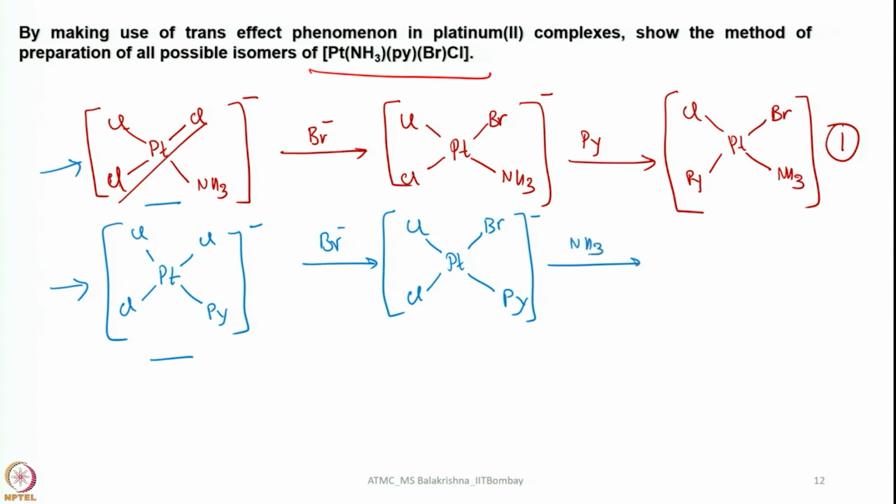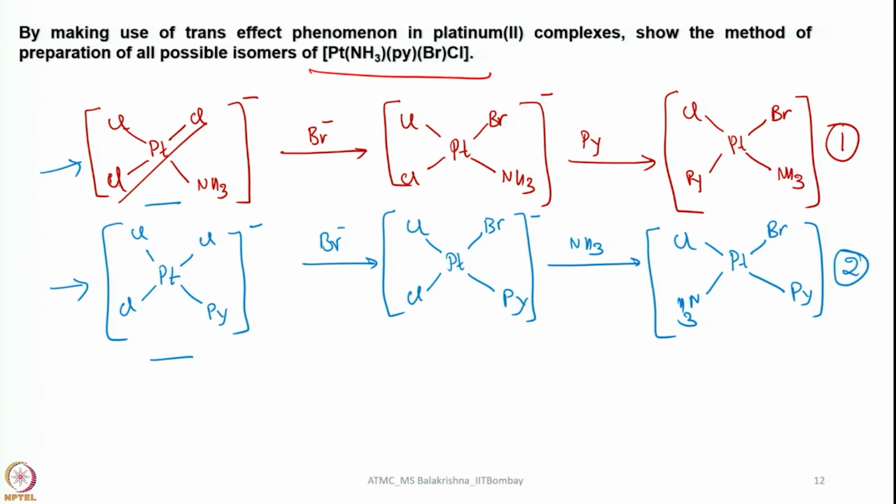Of course, now you should be able to tell where ammonia goes, and again bromide will direct ammonia to a position trans to it. And this is the second isomer.